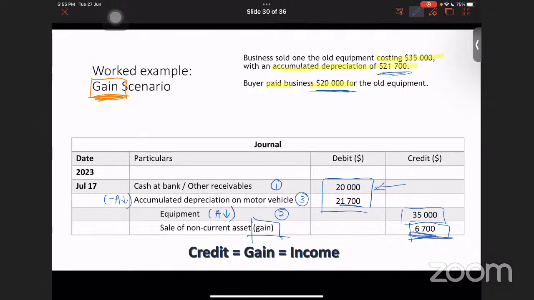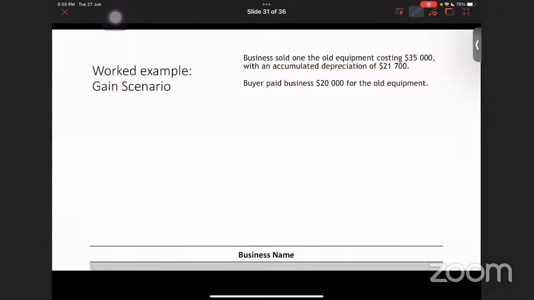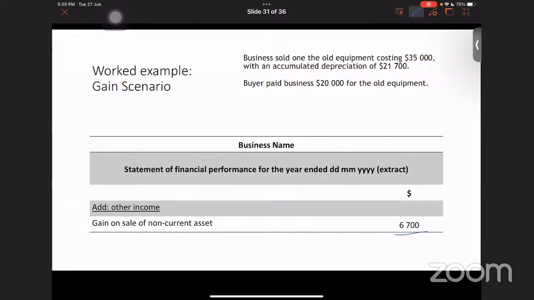Please don't write this. This is not what we gain. This is just what we receive. What we actually are making, the profit, is this 6,700. So just put it like that under income because it's a gain. This should be quite straightforward.